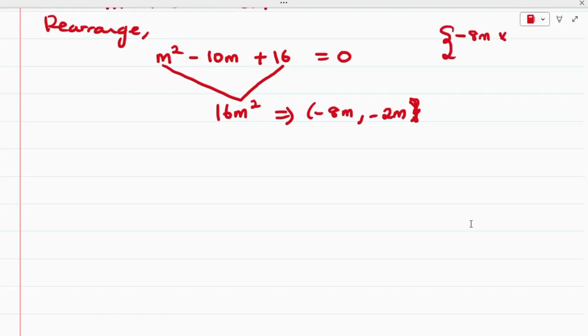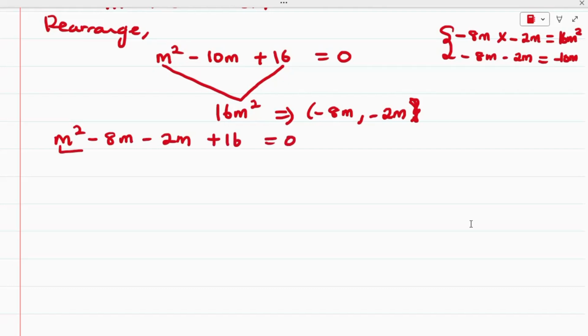Minus 8m multiplied by minus 2m is equal to 16m squared, and minus 8m minus 2m is equal to minus 10m.